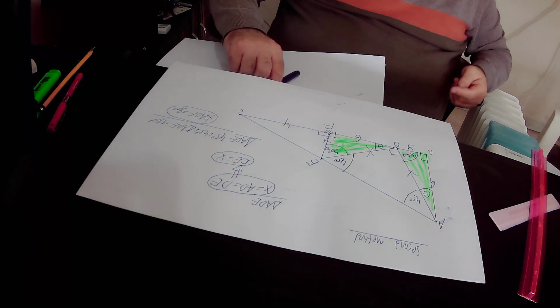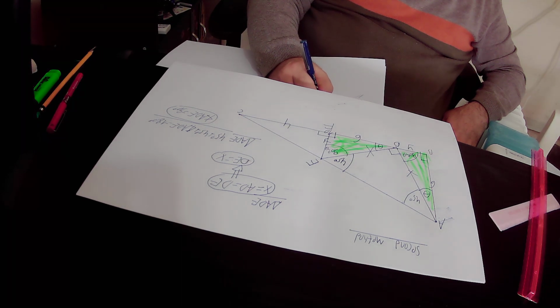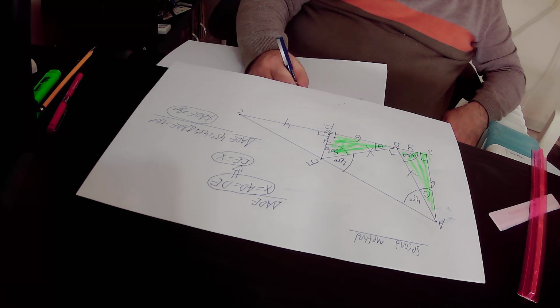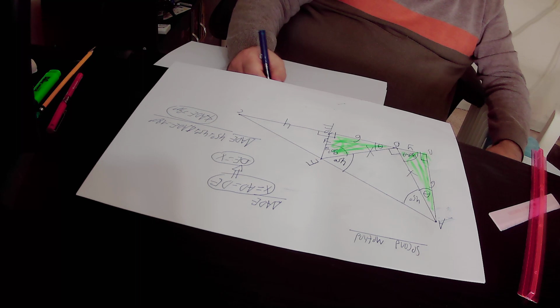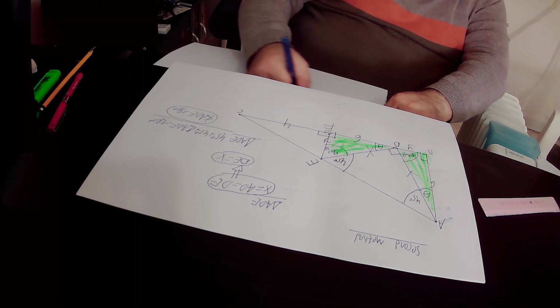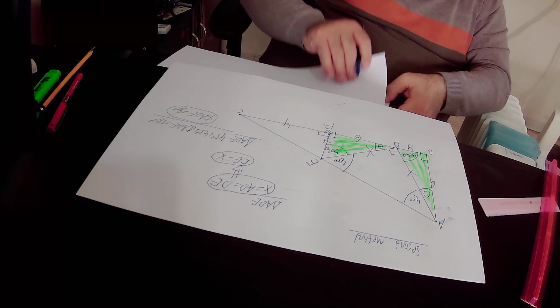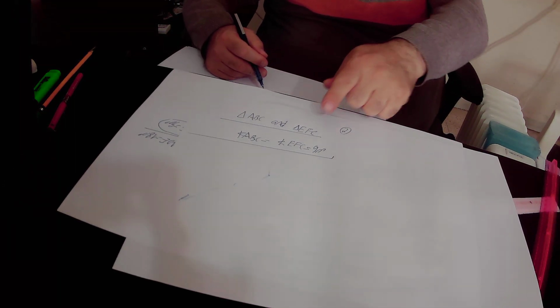So angle ABC in triangle ABC is equal to angle EFC in triangle EFC, and both angles are equal to 90 degrees.